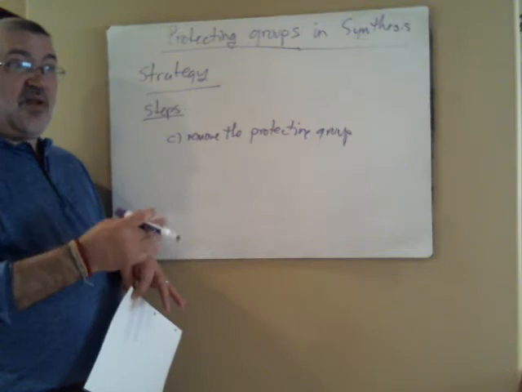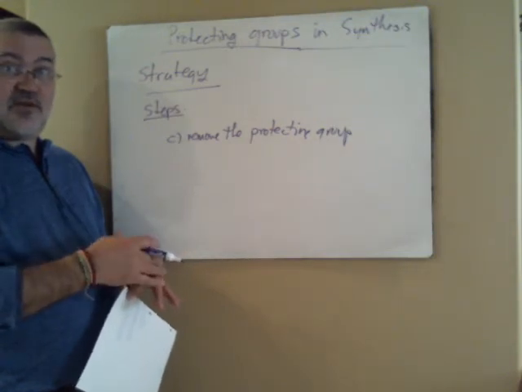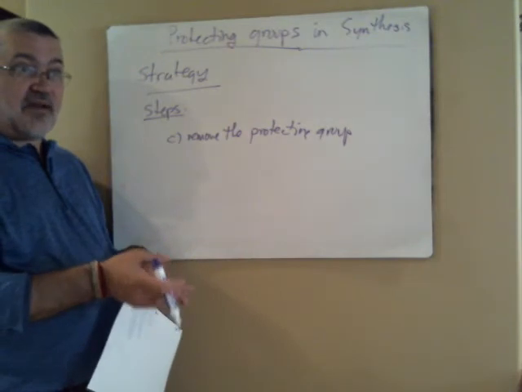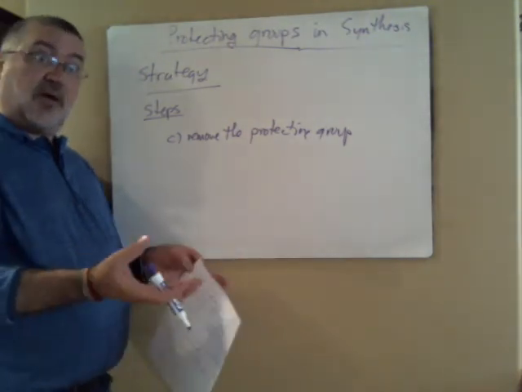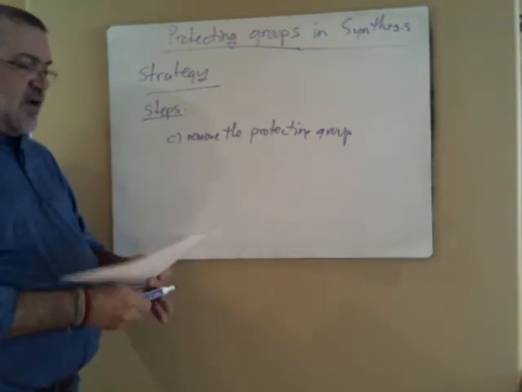And so it's almost, the 2 and 3 steps are almost contradicting. You don't want it to be very reactive. You want it to be inert, but you want to be able to remove it easily. And so picking protecting groups is very, very important.